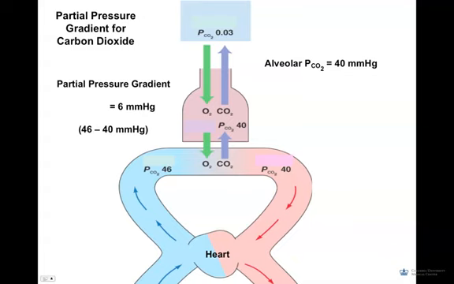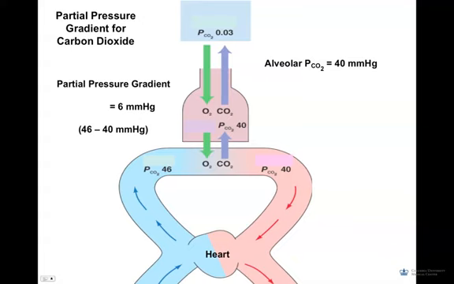Okay. So CO2 is going to move out of the blood into the alveolar space, okay, until the blood PCO2 drops to 40. Okay. Now, oxygenated blood that's leaving the lungs and returning to the heart through the pulmonary vein has a PCO2 of 40.